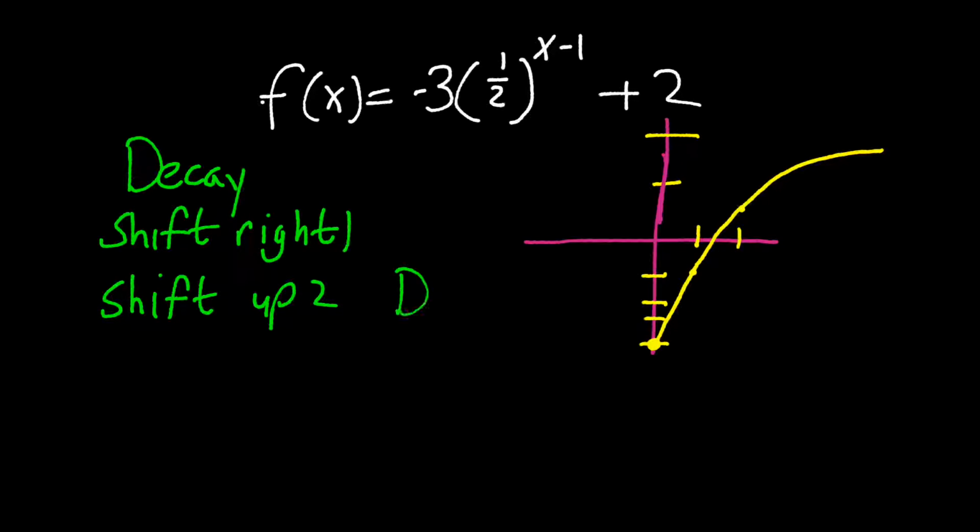Our domain isn't affected at all by the flip. If I were to continue this graph going this way, it would still hit all of the negative x values, and the graph is going to continue going this way as well, hitting all the positive x values. So the domain is still just all real numbers, which I'll abbreviate ARN.